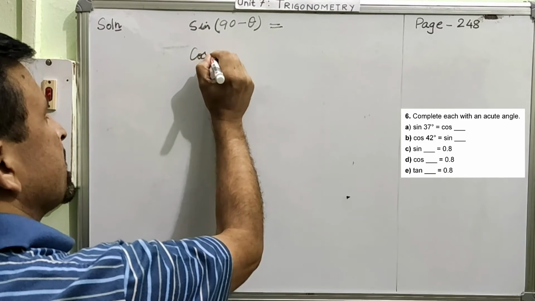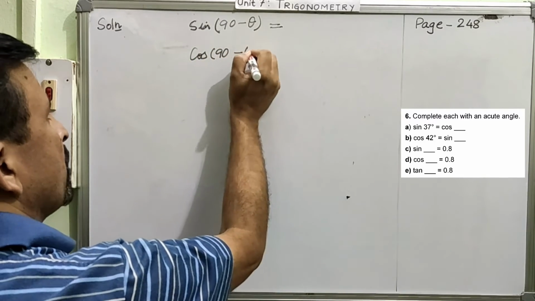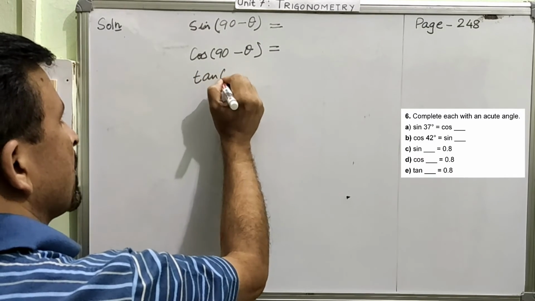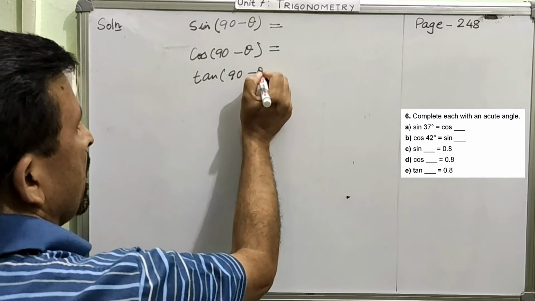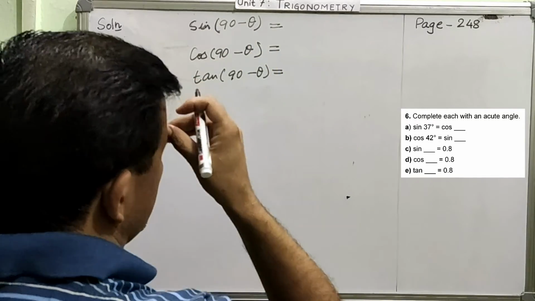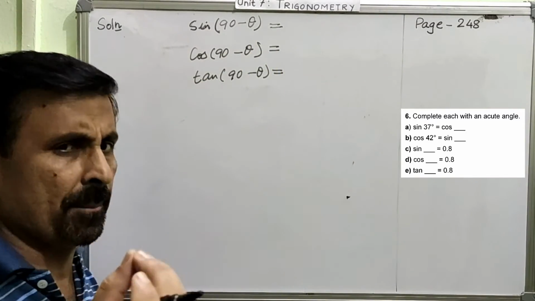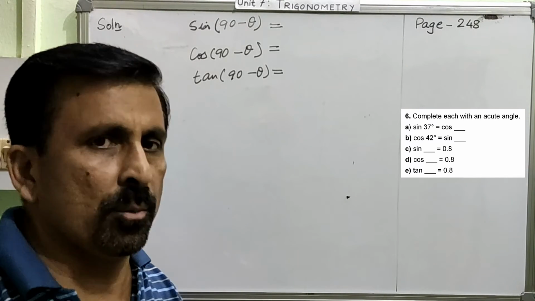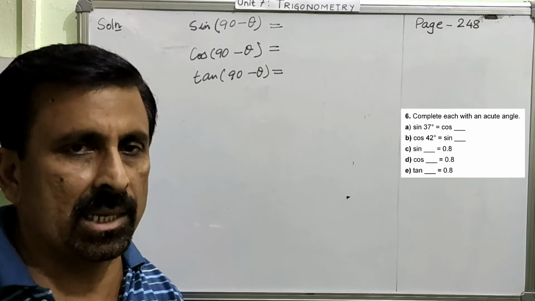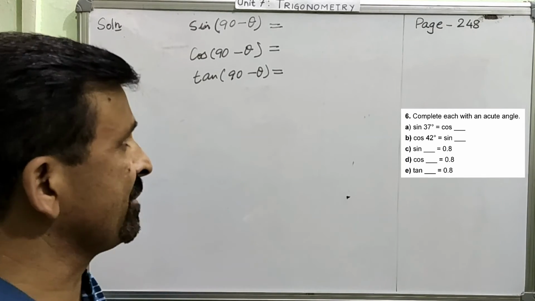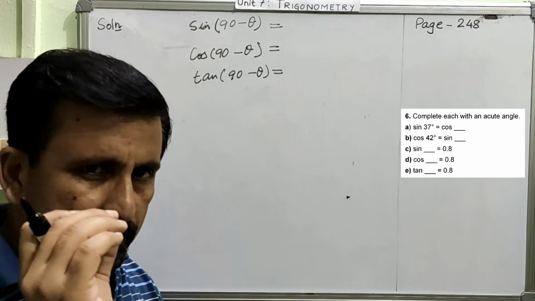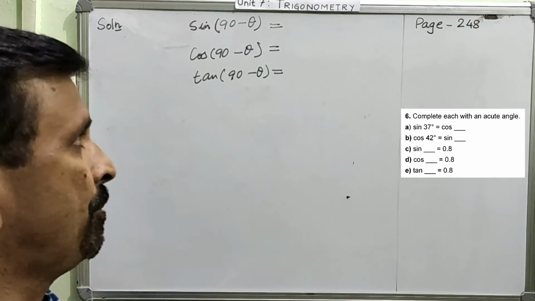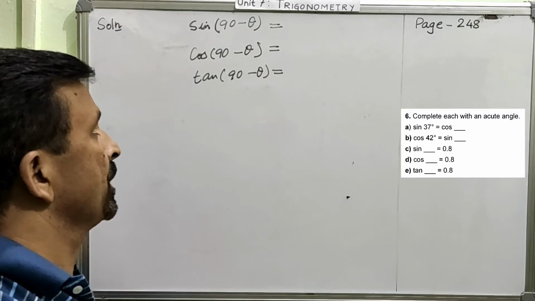Or maybe cos 90 minus theta, then what? Or tan 90 minus theta, then what? This is a small part of a very simple concept of allied angles. You will learn this in class 11, in detail. Just now, I'm giving you just a screenshot, a very brief introduction.